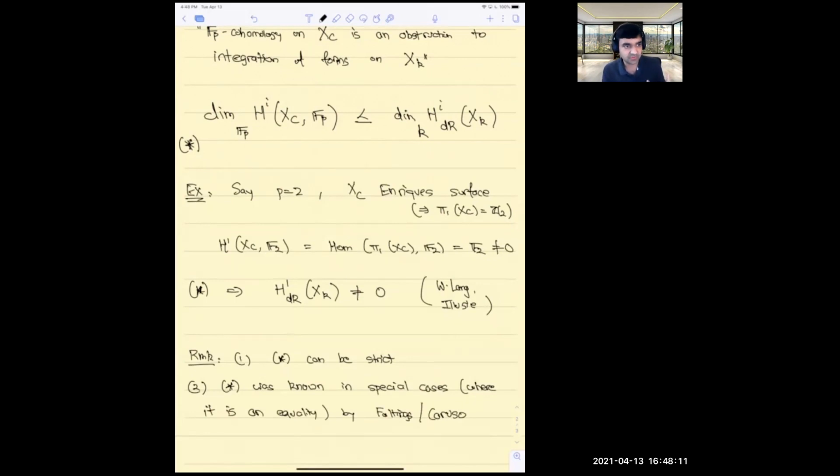But the assumptions were restrictive. There were basically two sets of assumptions. One is that the dimension of the variety has to be smaller compared to p. So Enriques surfaces in characteristic 2 are not covered because 2 is not smaller than 2. The second assumption was that X has to be defined over a field which is not very ramified. So you can't have lots of p-power roots of p, for example, in the defining equations.